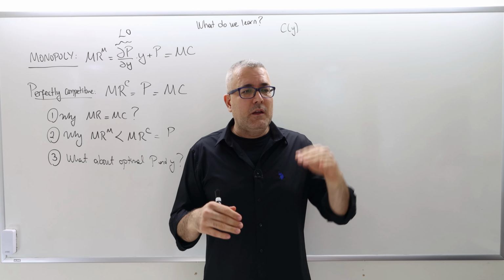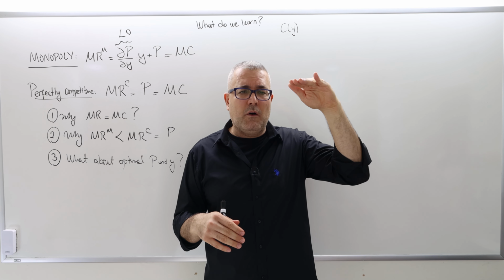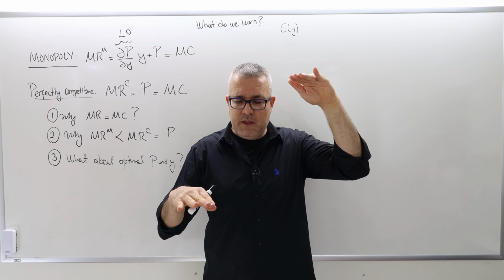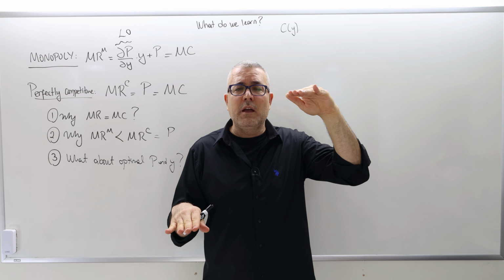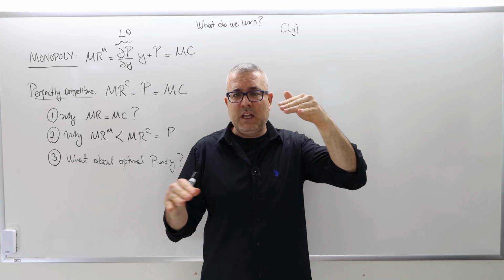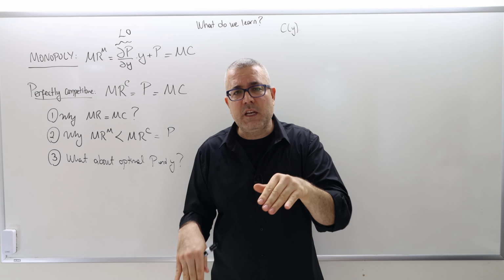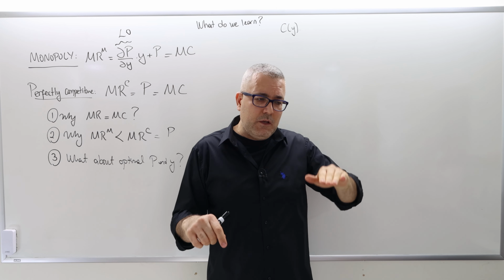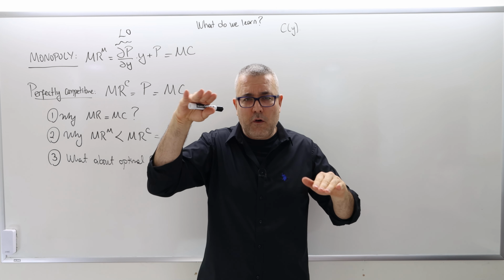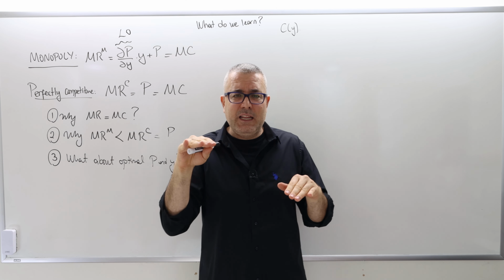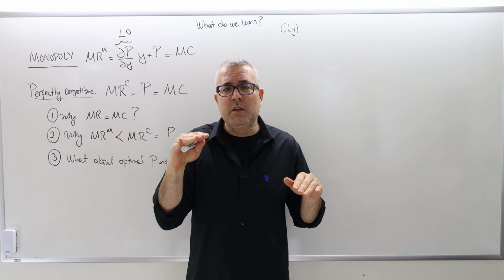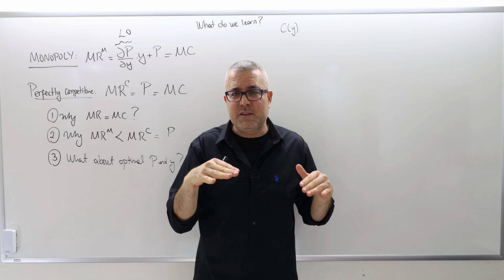If the marginal revenue of the 100th unit is above the marginal cost, that means you are actually making additional money out of selling this 100th unit, so you should sell it. If the marginal revenue is lower than the marginal cost of the 100th unit, it means you're actually making a loss by selling the 100th unit, so you should not sell it. You should sell less. All right.